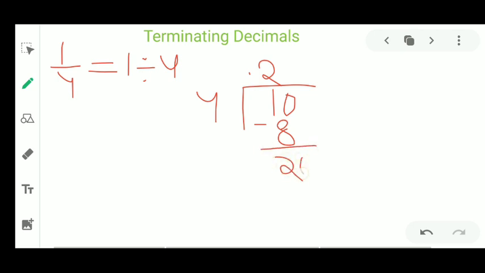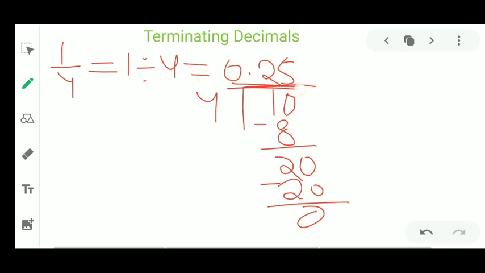Then put a 0 here. 4 fives are 20. Now 20 minus 20 is 0. So 1 divided by 4 becomes 0.25.